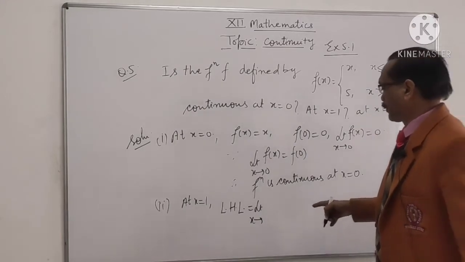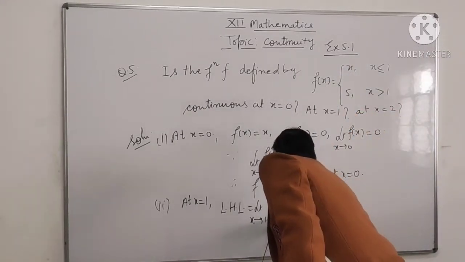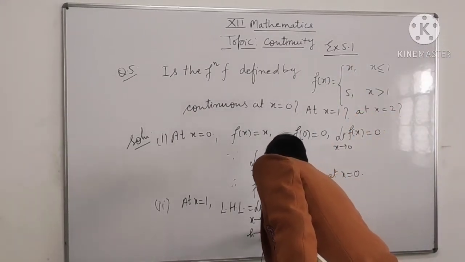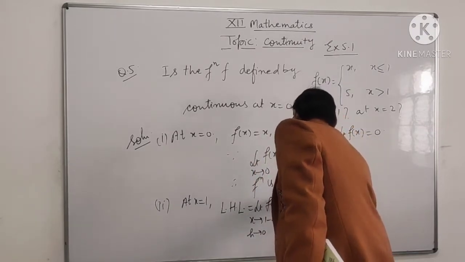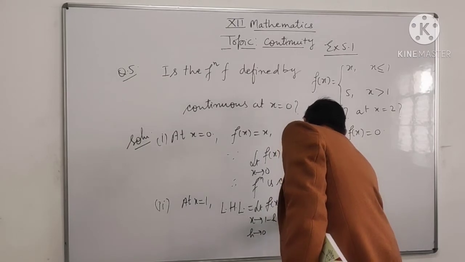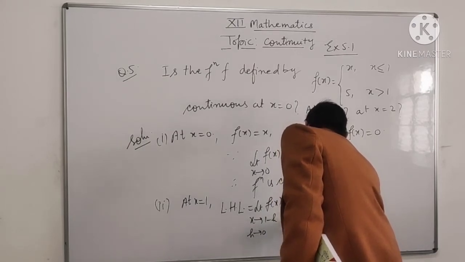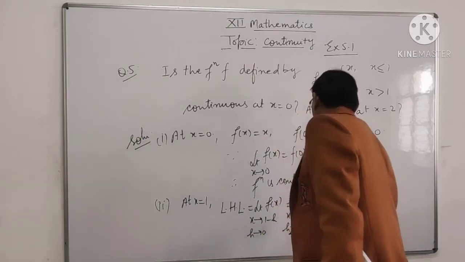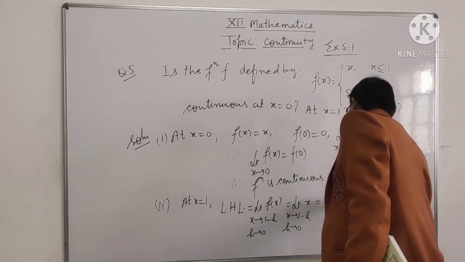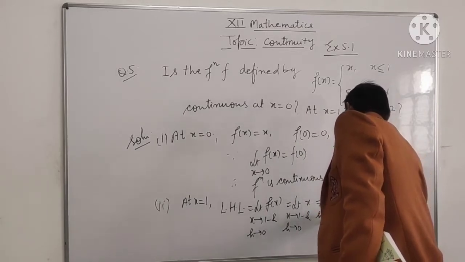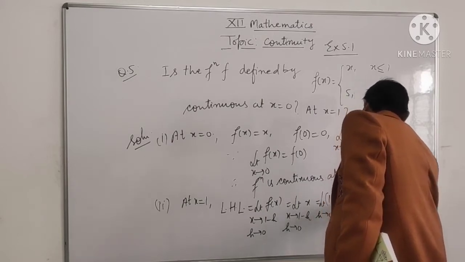So let us find the left hand limit, at 1 minus h, h tends to 0, of f(x). The function is x, so it is 1 minus h, limit h tends to 0, it is 1 minus 0, which is 1.